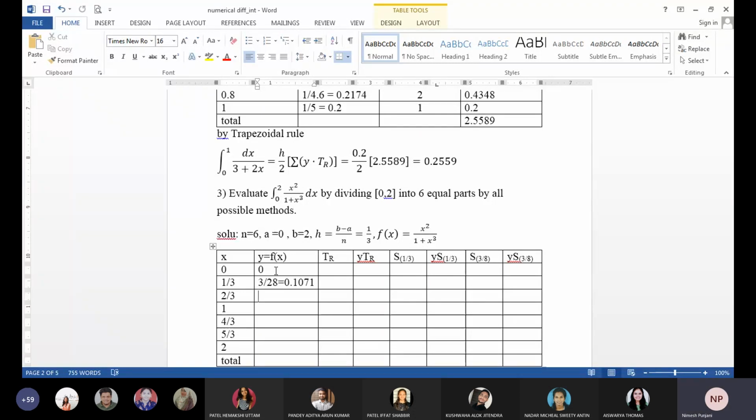The denominator will be 1 plus 8/27, which is 35/27. So 4/9 into 27/35 gives 12/35, which is 0.3429, 0.3428. Is it okay? Check.